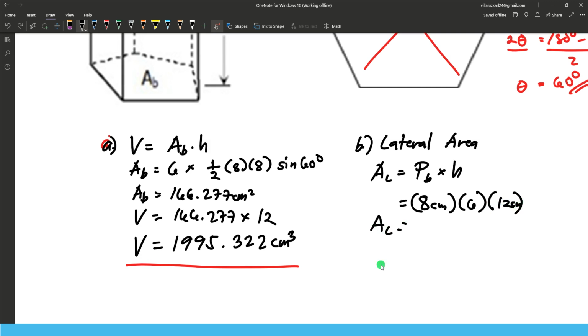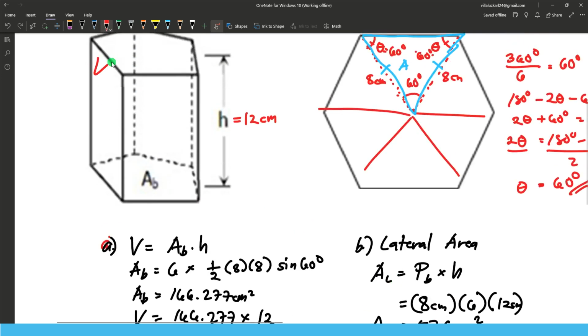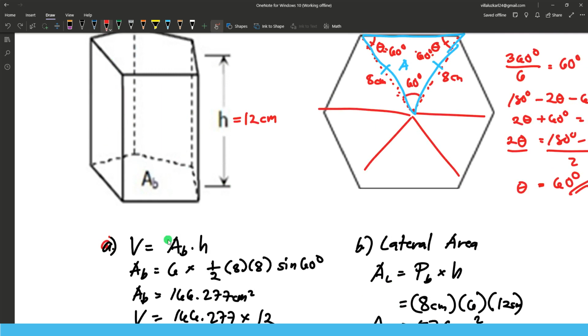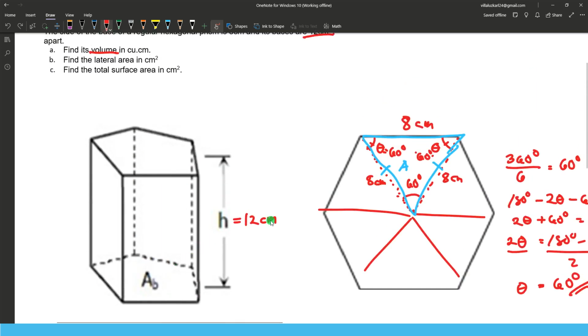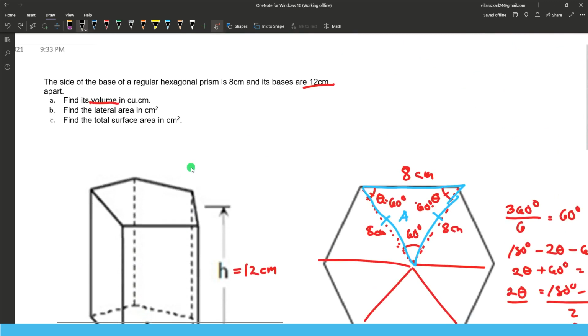We have 576 square centimeters. That's your lateral area, or the area of the lateral faces or the sides of this hexagonal prism.